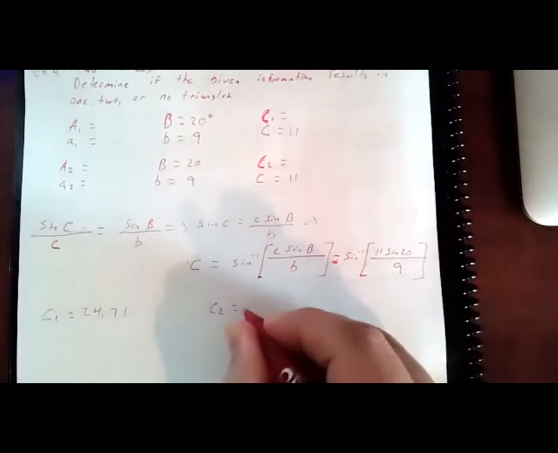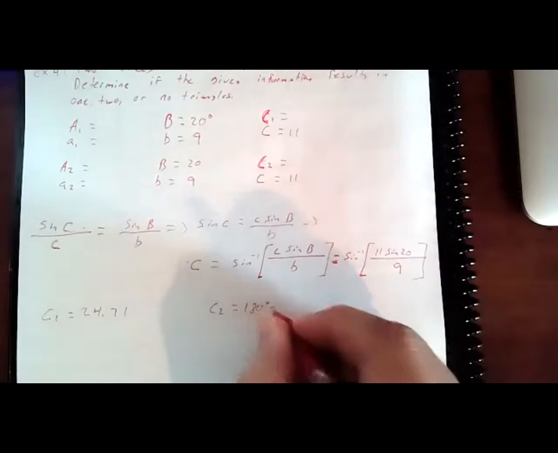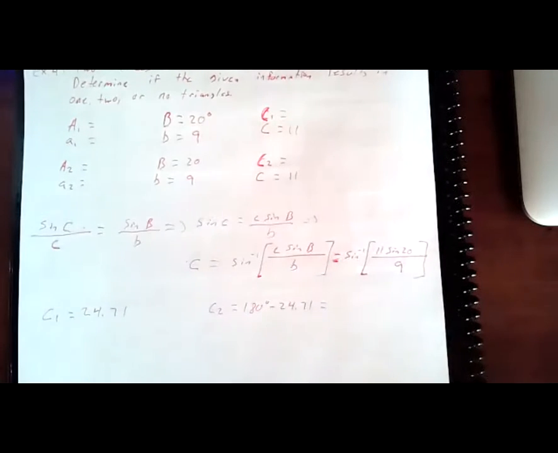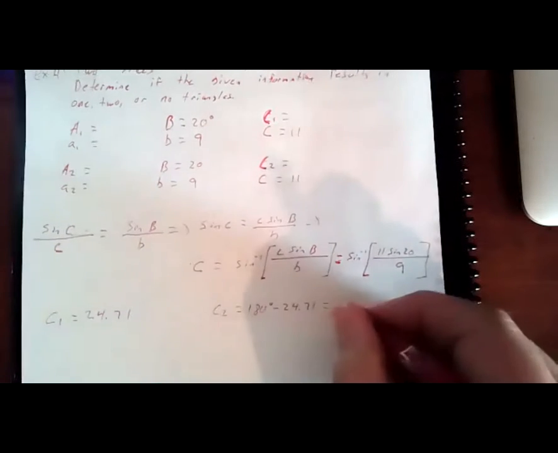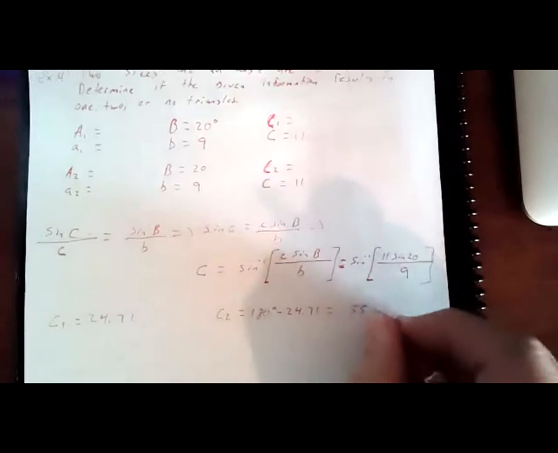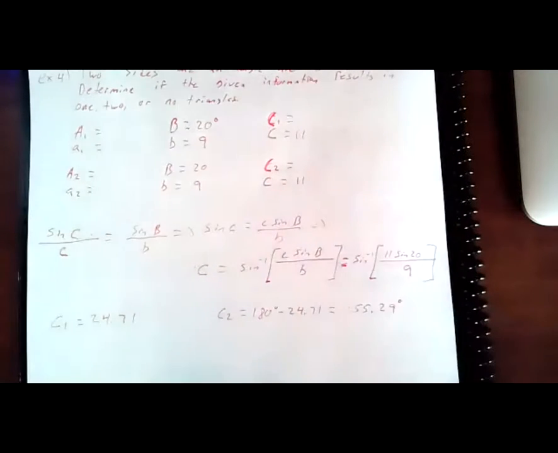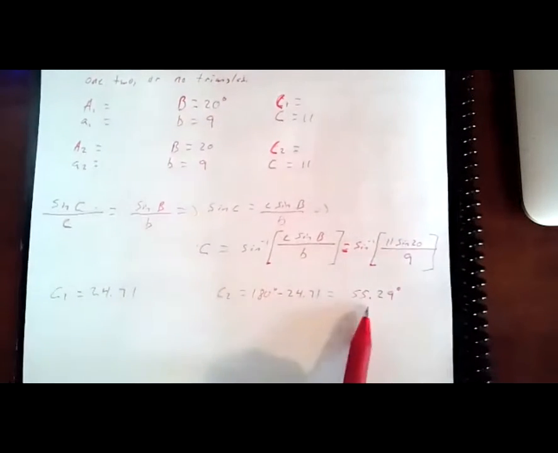C2 will be 180 minus 24.71, so it's 155.29 degrees. Now the question is, is this too big?